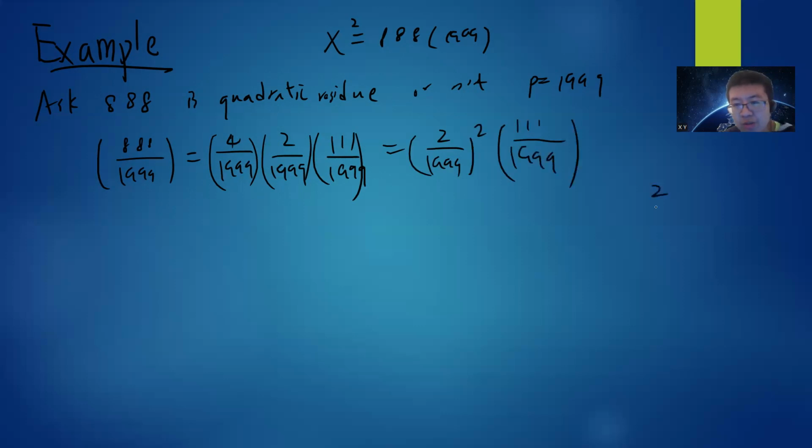And then we know that the symbol of 2 over p is basically minus 1 to the power p squared minus 1 divided by 8. So this guy is obviously 1 if p is 1 mod 8 or 7 mod 8, and minus 1 if p is 3 mod 8 or 5 mod 8.